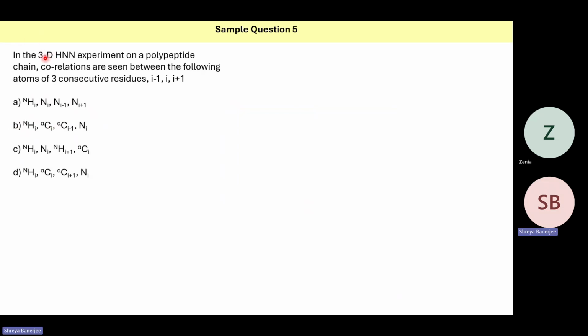The next question is asking, similarly for the 3D HNN experiment, on a polypeptide chain, the correlations are seen between the following atoms of the three consecutive residues, I minus 1, I, and I plus 1.